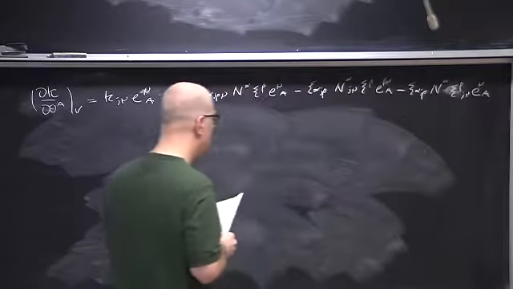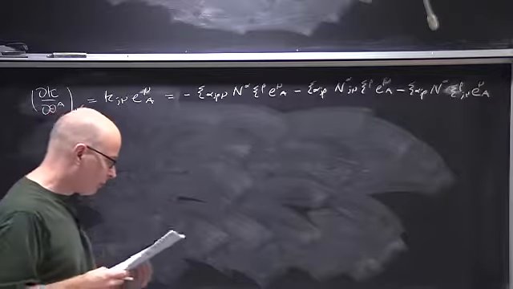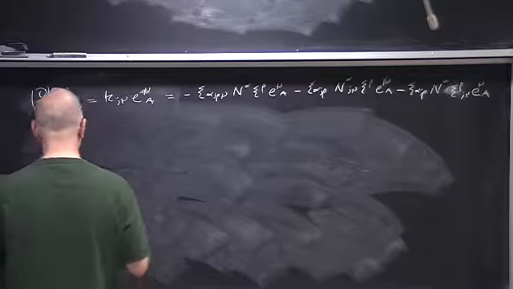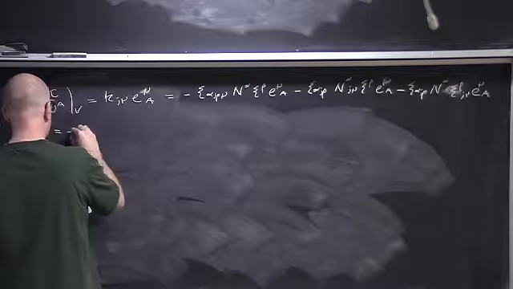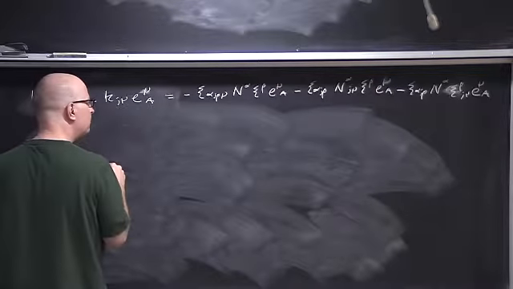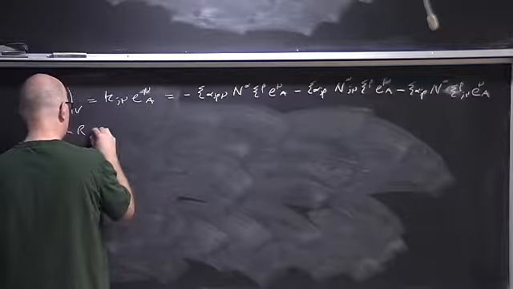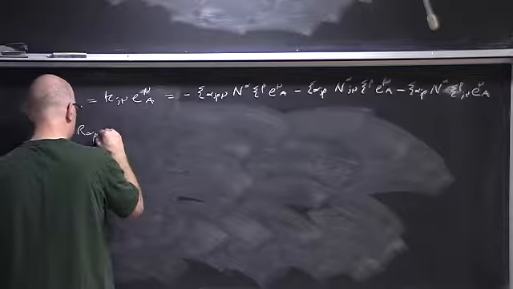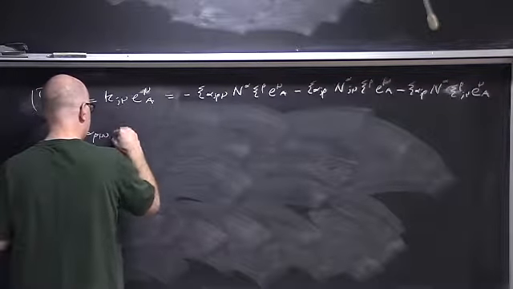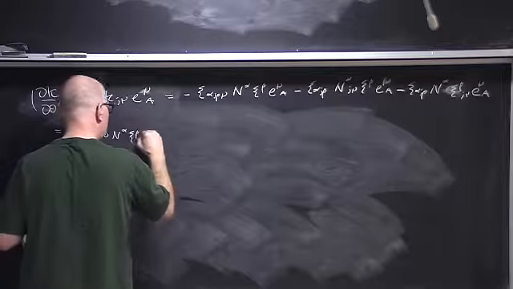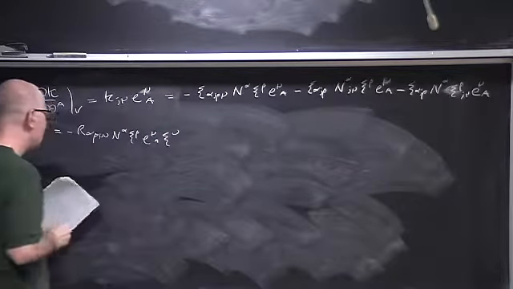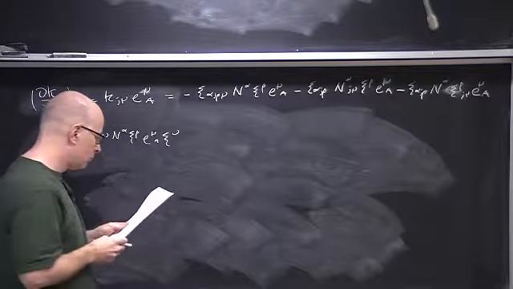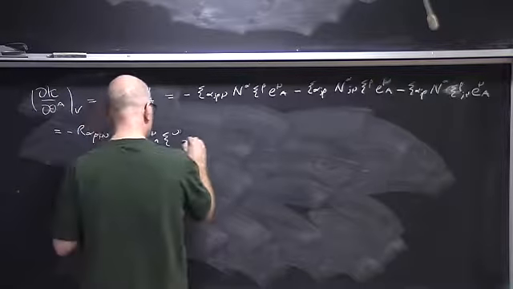So we got that. For the first term, we again use the Riemann identity. So we get Riemann alpha, beta, mu, nu, and we get n, c, e, and c. We get that for the first term. For the second term, well, what do we get? Again, we get a combination that will give us a kappa term.